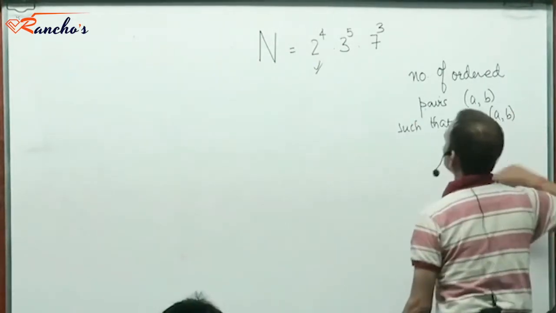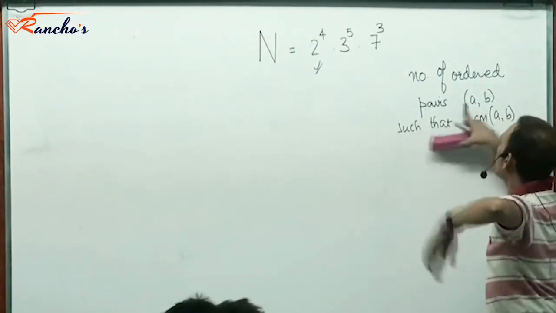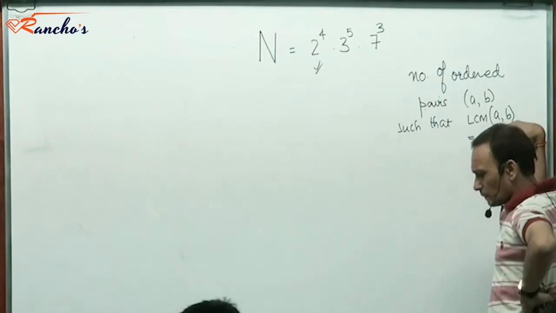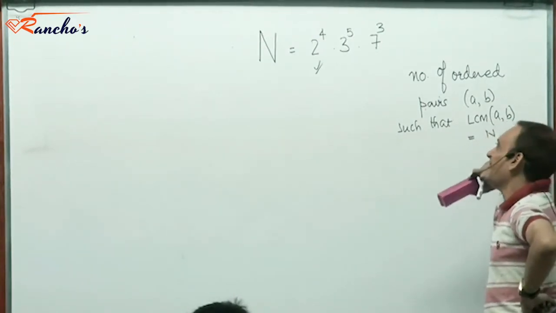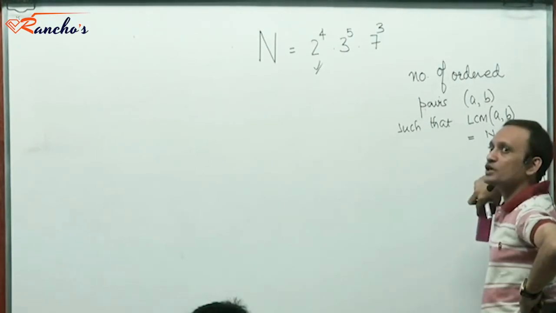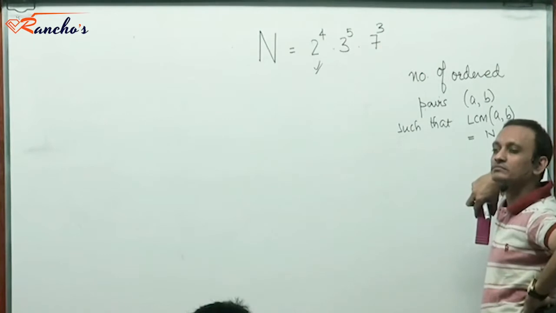Now, if the LCM of a and b is n, do you realize that a and b must share the same prime factors with n?